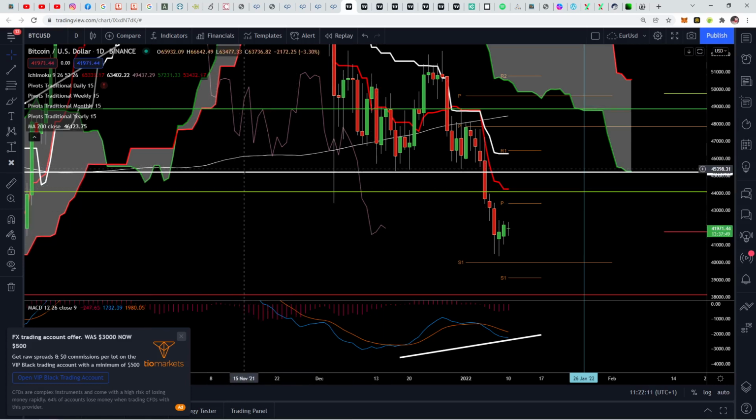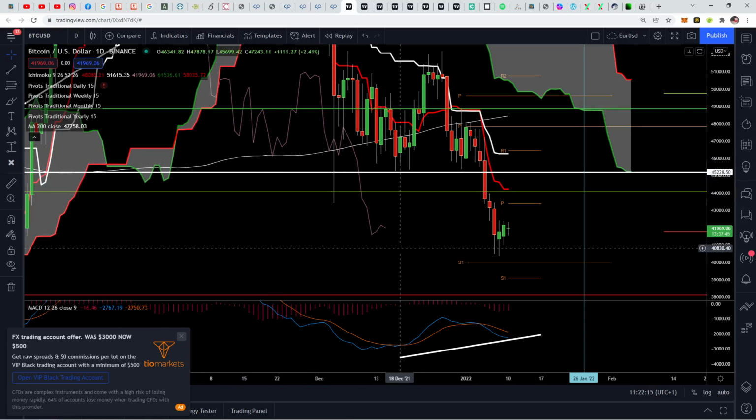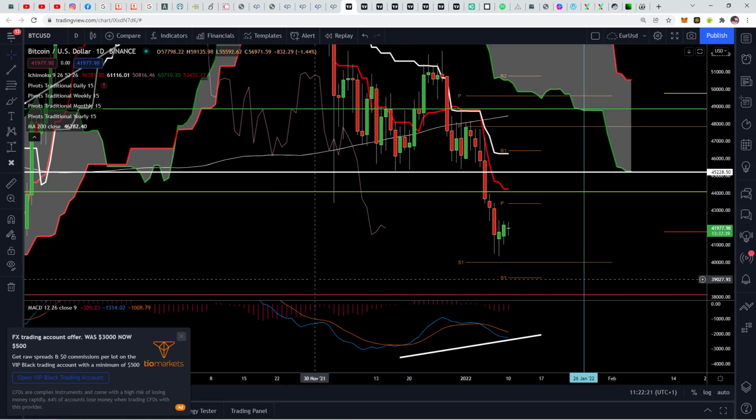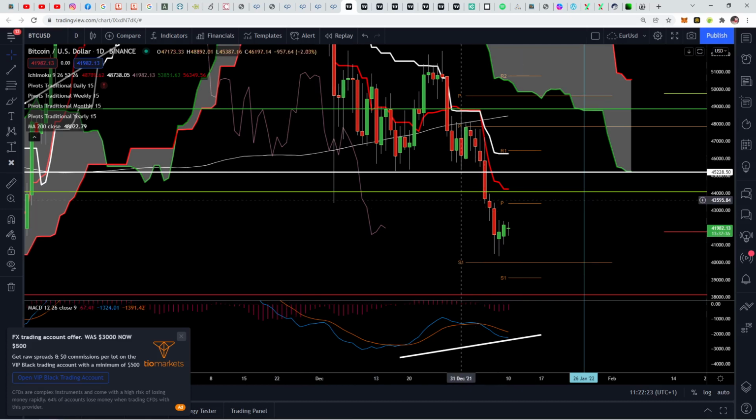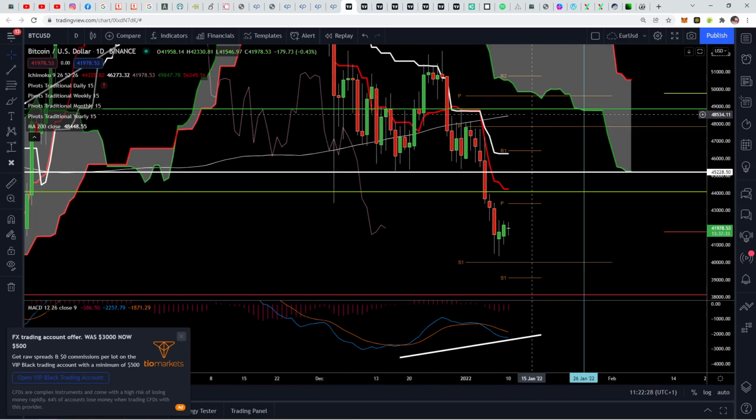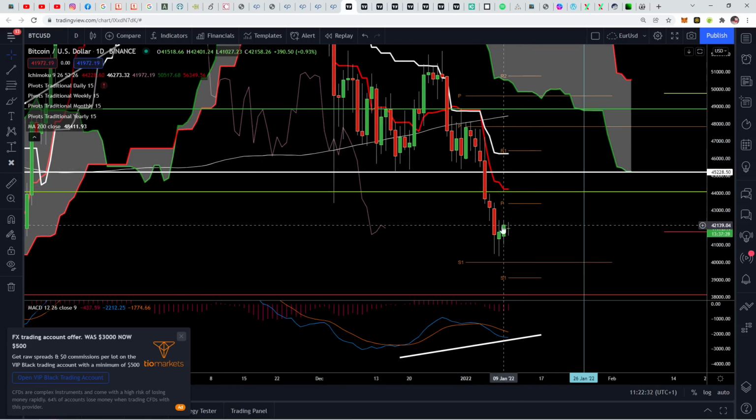If you make the whole picture, that's where you will end up in your analysis. So this is one thing you have to think about, the slope of the SMA 200 on a daily time frame, and where price is in comparison to that.